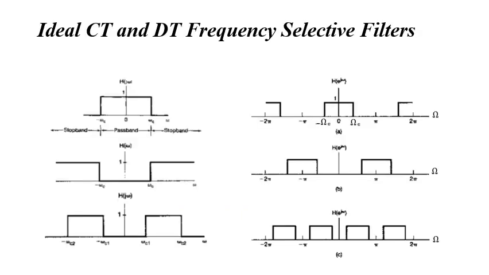Shown in this figure on the left side are the filters used in continuous time systems. Shown here is the spectrum of the low pass filter. It can be observed that the low pass filter passes frequencies between 0 and the cutoff frequency, which is omega c.